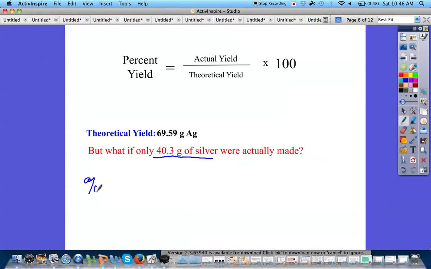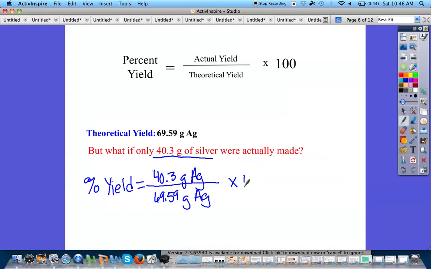So percent yield equals the actual, the 40.3 grams of silver, divided by the theoretical, which is 69.59 grams of silver, and then multiply that by 100.